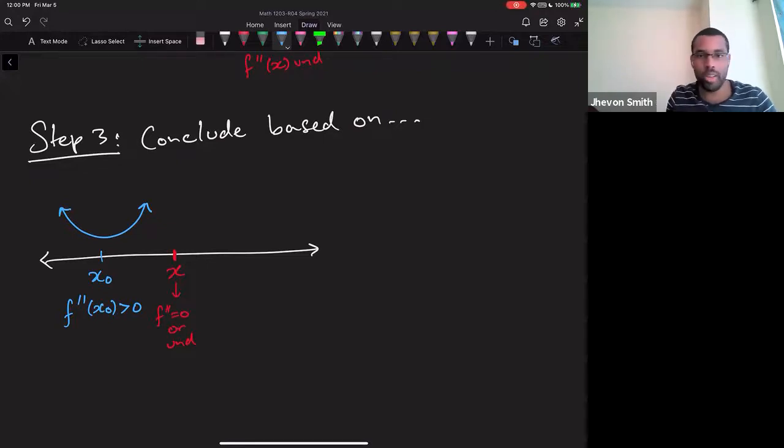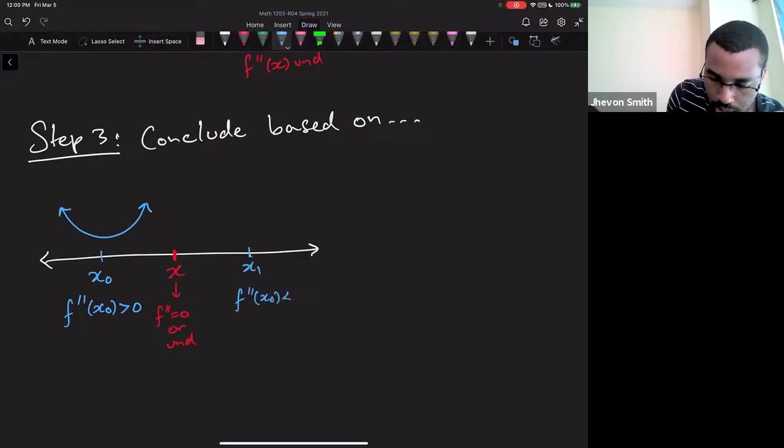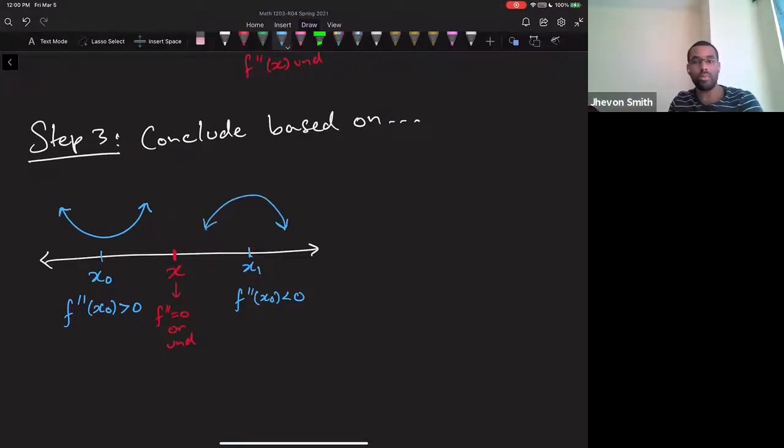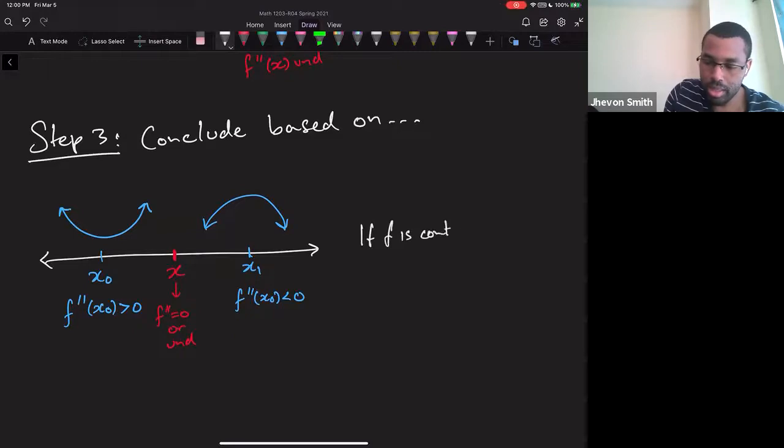Just make a smiley face so I know that's the shape. Over here, let's say I found that my f double prime is negative. That means it should be a frowny face, right? And then you can conclude if f is continuous at x, then we have an inflection.